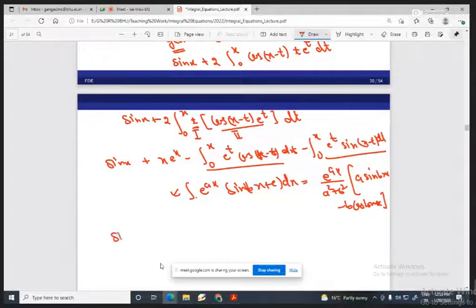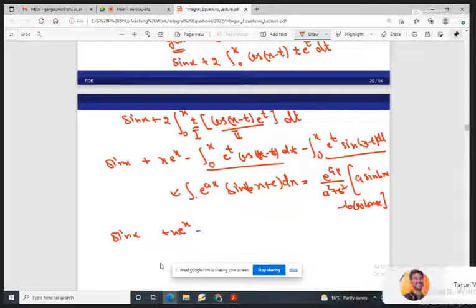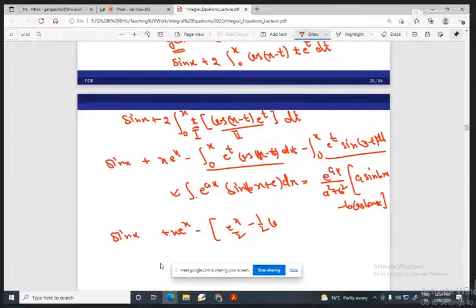We will obtain sin x plus x e^x minus e^x by 2 minus 1 by 2 (cos x − sin x), and minus 1 by 2 minus e^x by 2 minus 1 by 2 (−sin x − cos x).